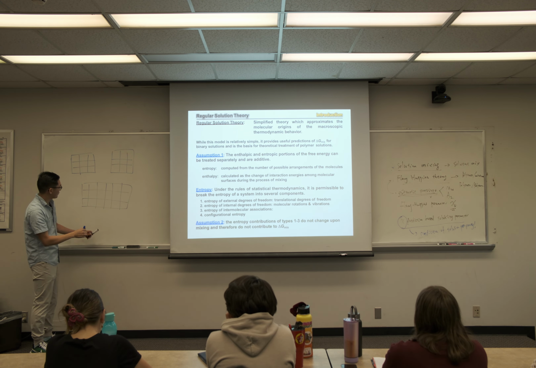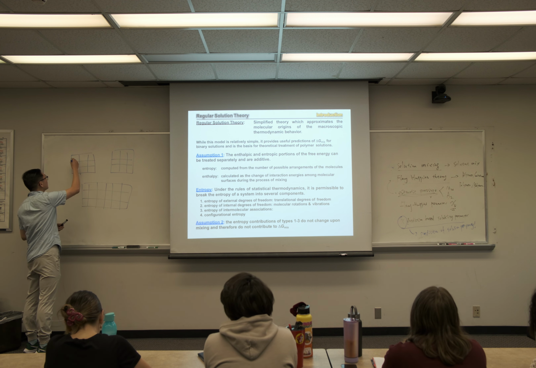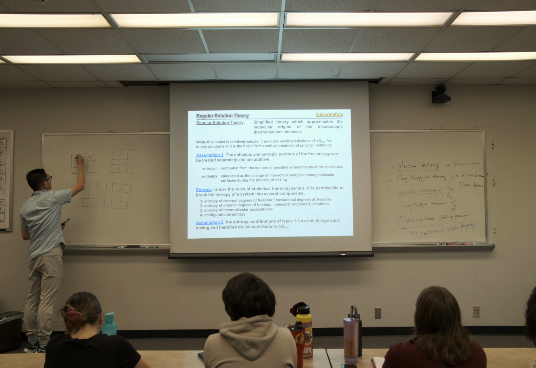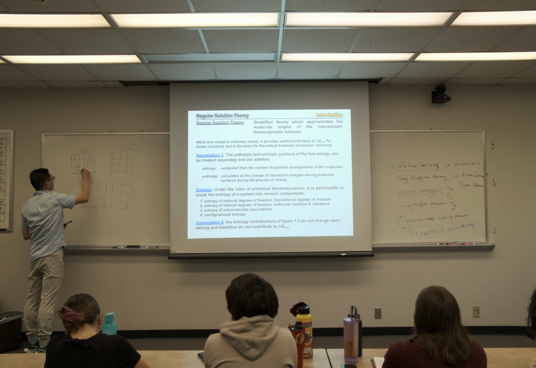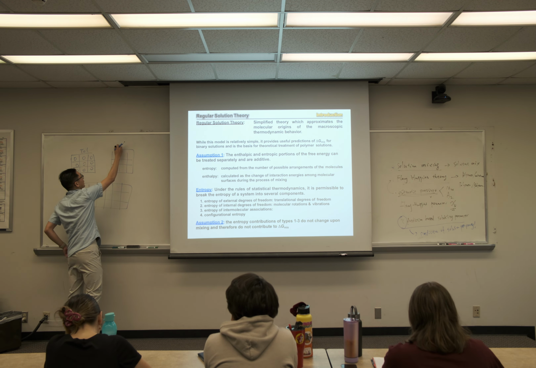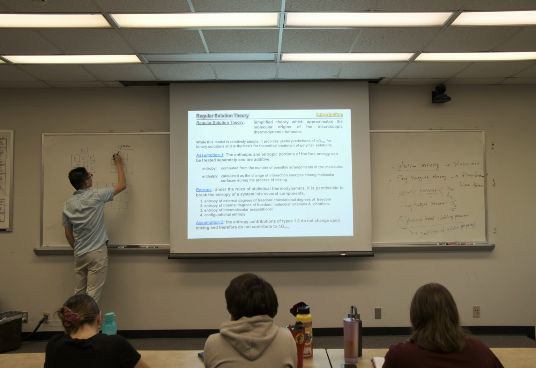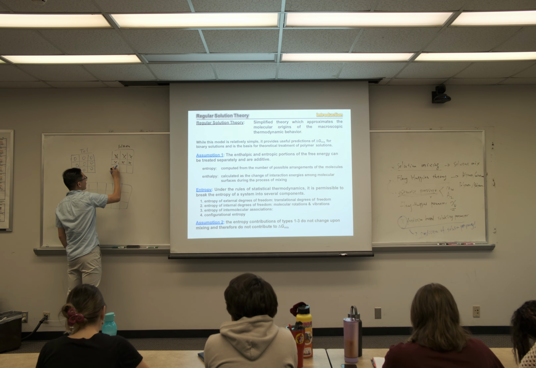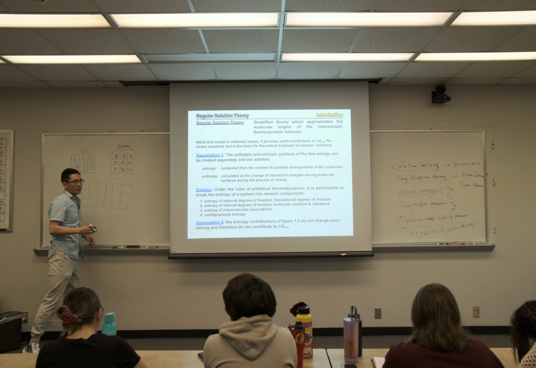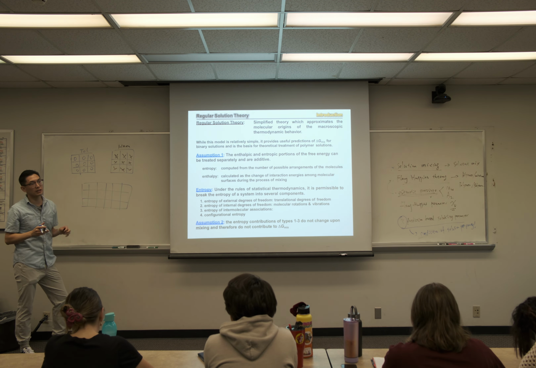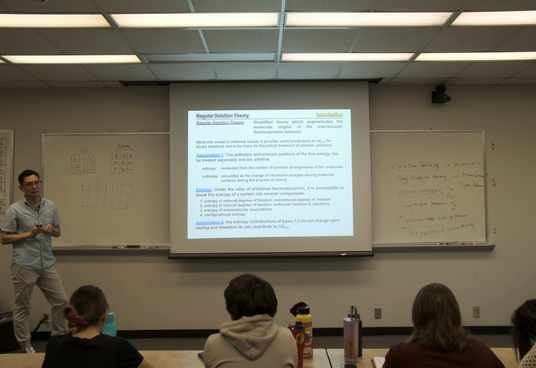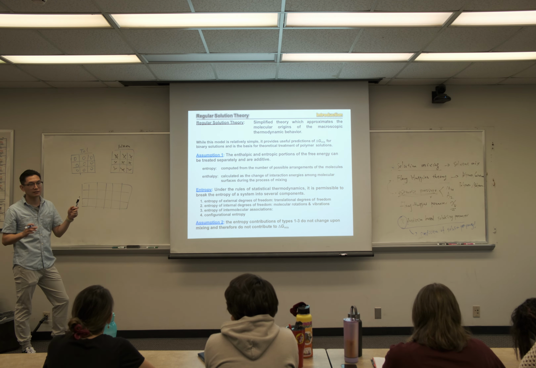So let me use 2 different colors to show you. This would represent toluene. When we're trying to mix toluene with hexane, let's use a cross in this case. So we would have a beaker of toluene and a beaker of hexane, and each of them is represented by these 9 symbols.